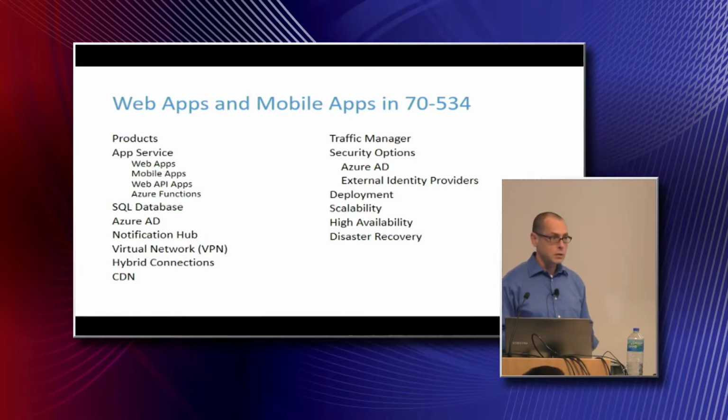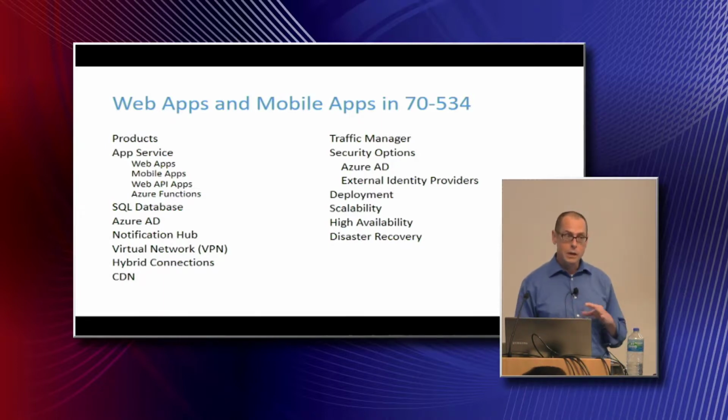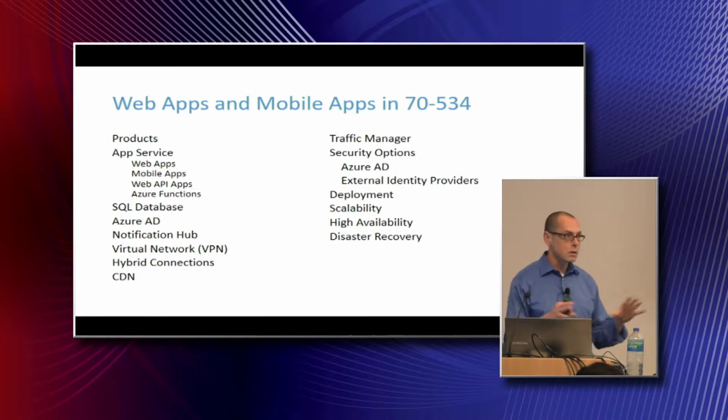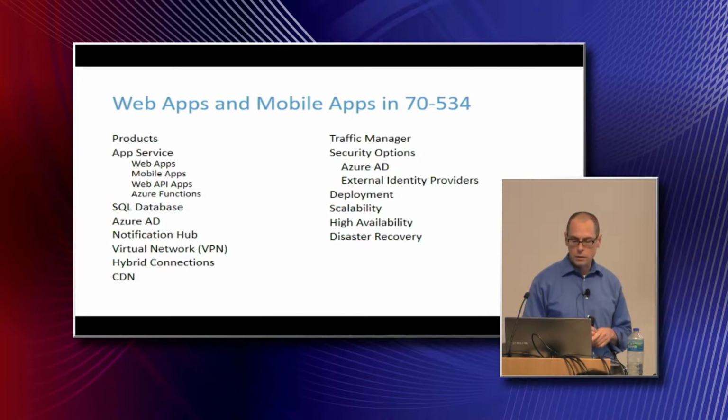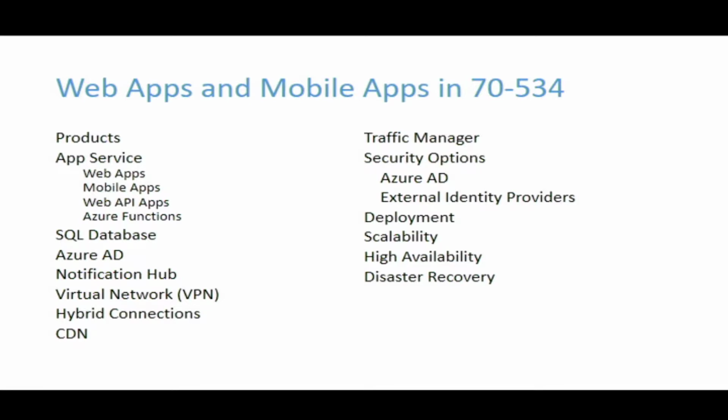Security options, so your security options for the app services, you need to know like the Azure AD and the external identity providers and how you would connect those together, and we touch on that in a lot of the sessions, or at least 2 of the sessions. Deployment and scalability, high availability is very important, especially for business continuity and disaster recovery. So that's kind of a high-level overview of stuff that you want to have your head wrapped around for this.